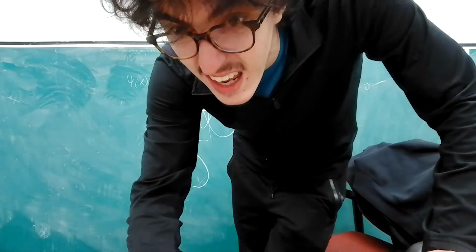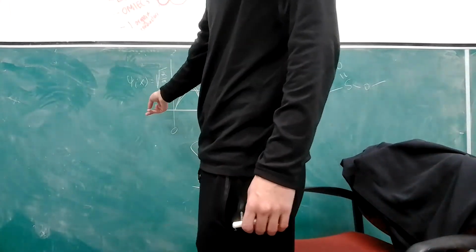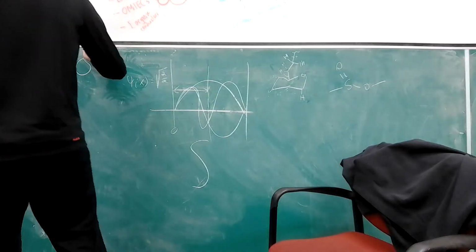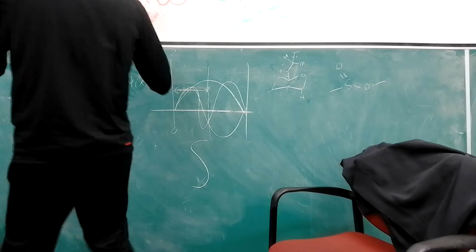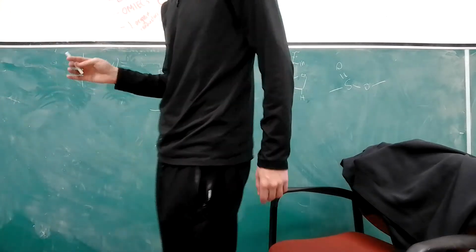So the box at first is centered at 0, but then the question gives you a series of eigenstates, psi n of x equal to root 2 over a times some sine functions.